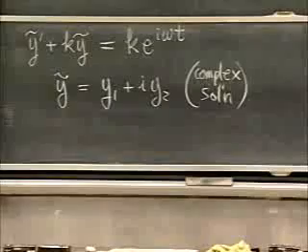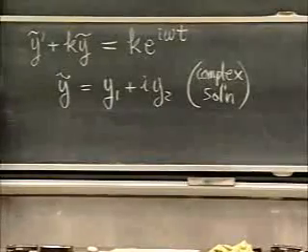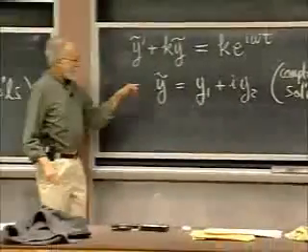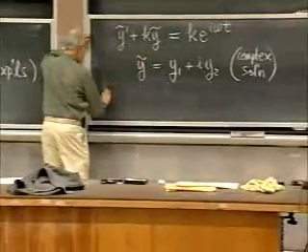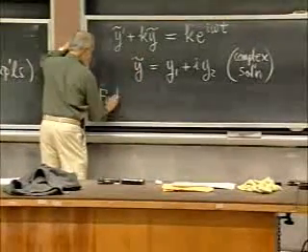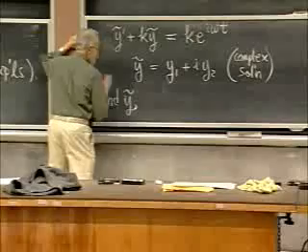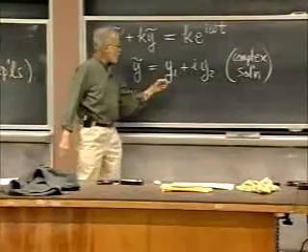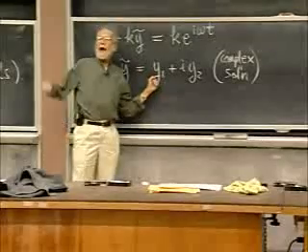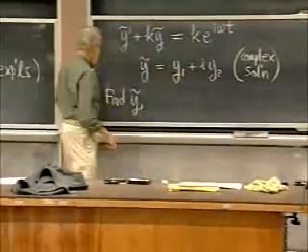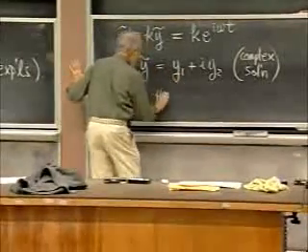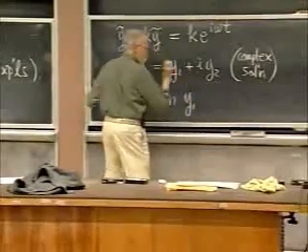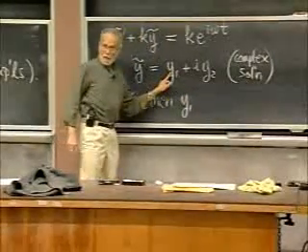And now what I say is, solve it, find this complex solution. So the program is to find y tilde. That's the complex solution. And then all you have to do is take the real part of that, and that will answer the original problem. Then y1, that's the real part of it, right?